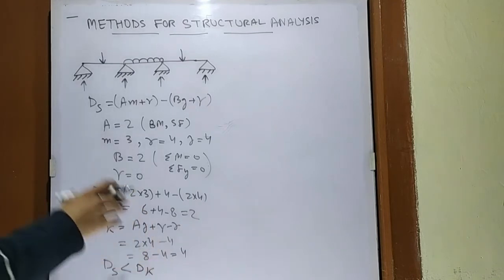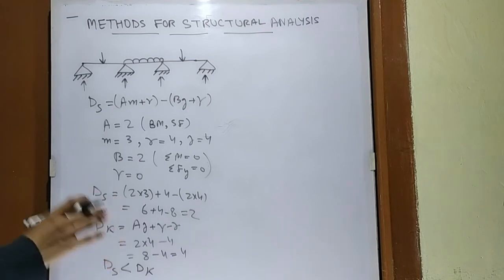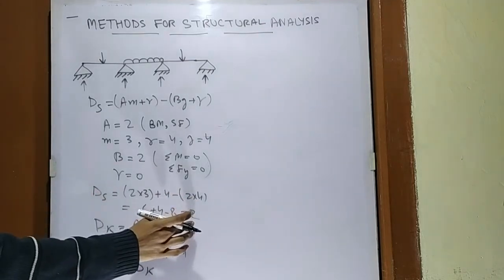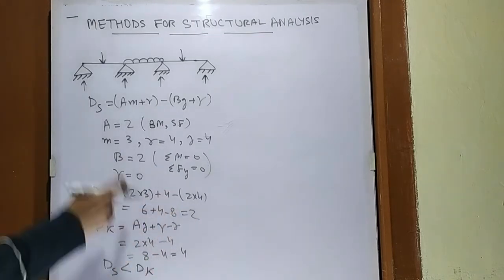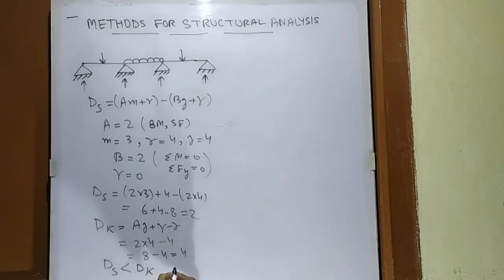Dk is equal to the number of unknown displacements in a beam, and Ds is equal to the number of unknown forces in a beam. So we can see that the number of unknown forces is less as compared to the number of unknown displacements for this particular type of beam. So for this beam we will go for the force method of analysis. Okay, we will go for the force method of analysis.